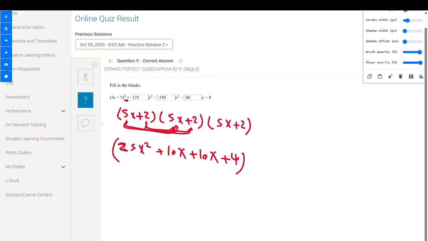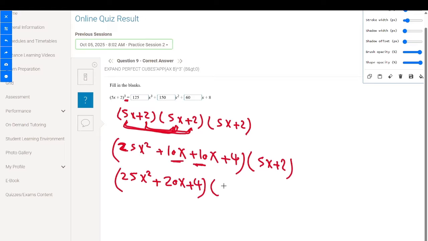This will be squared, and multiply by 5x plus 2. Let's simplify this one. So we have 25x squared plus 10x plus 10x, 20x, plus 4. And we have here 5x plus 2. Same thing, we'll do it here.